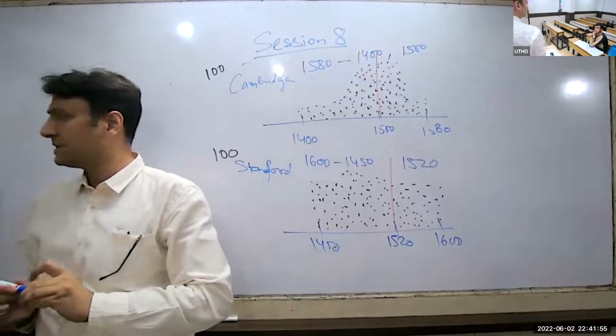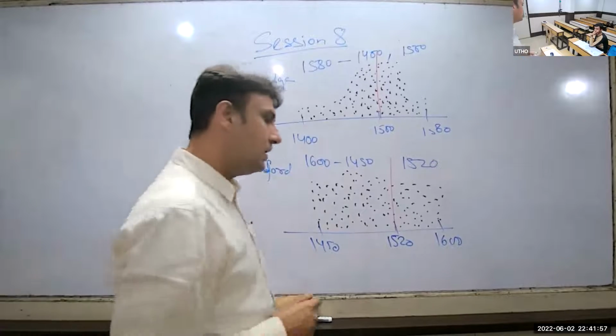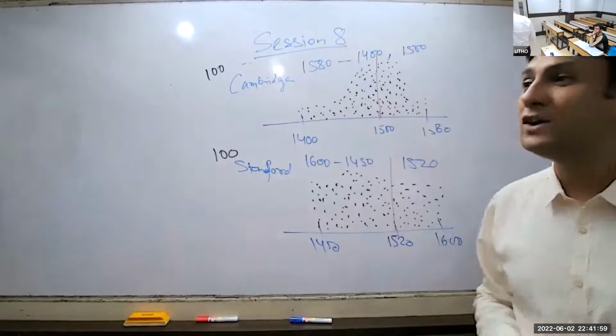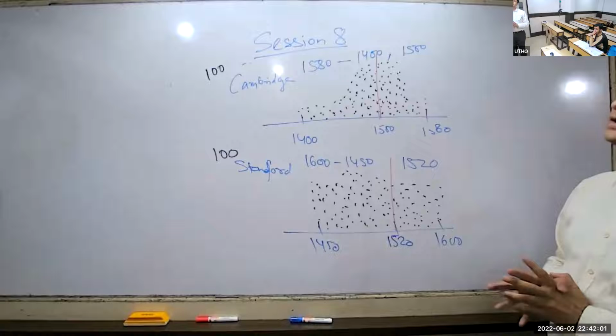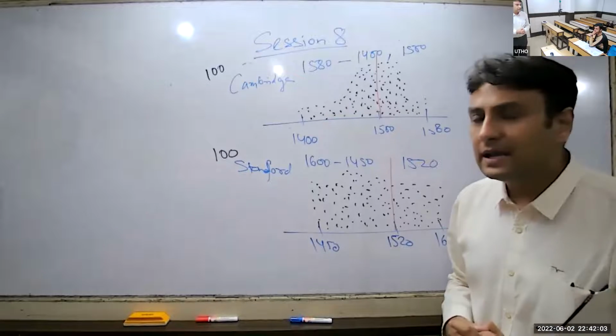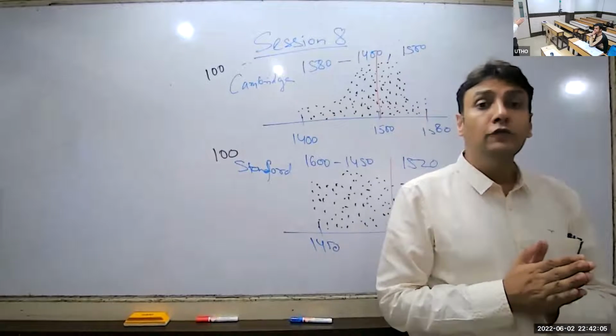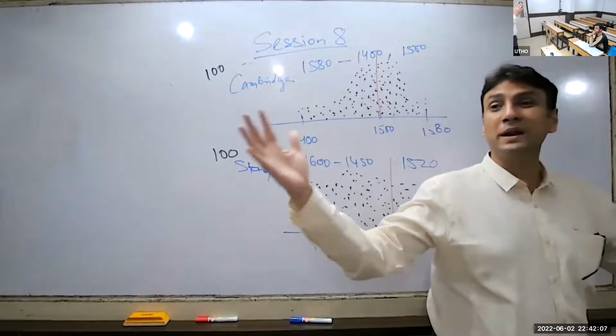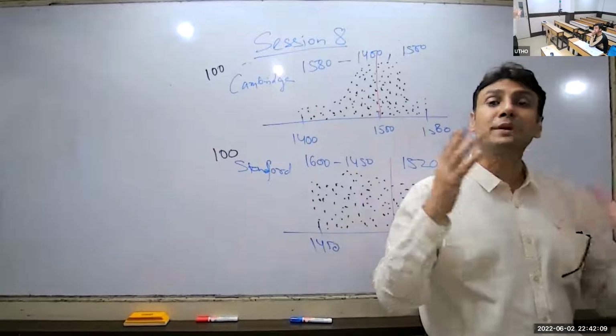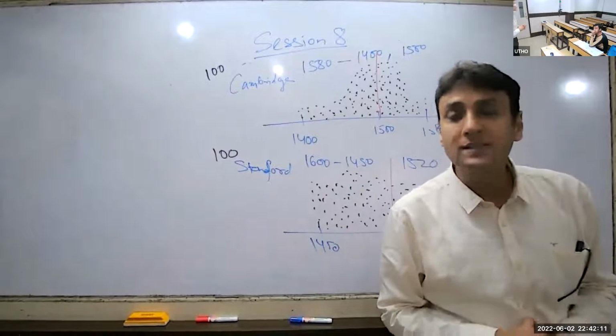Okay, these are some basic things. Now my questions to you. In which of the given two data sets, Cambridge versus Stanford, which one is more spreaded? कौन सा ज़्यादा spread है across the mean?